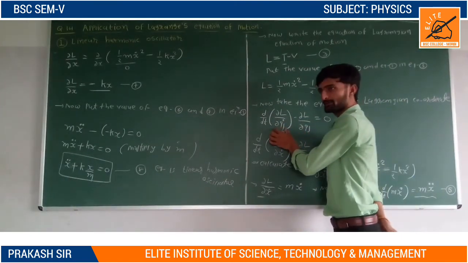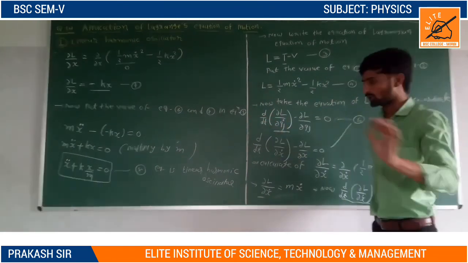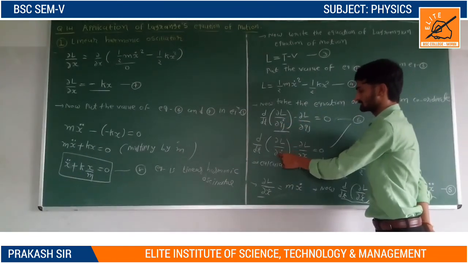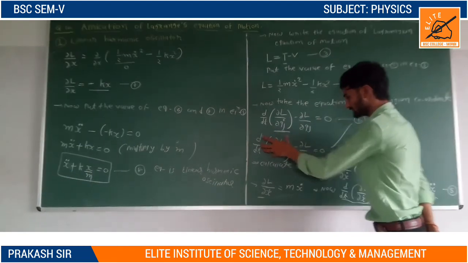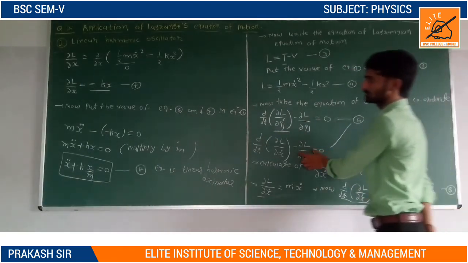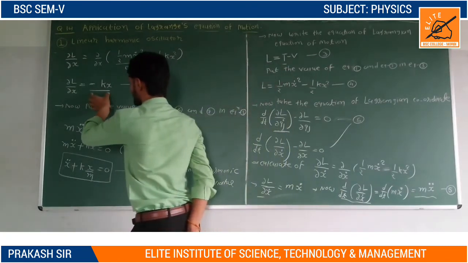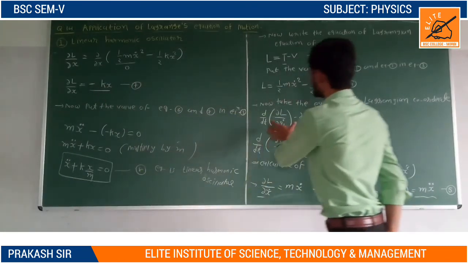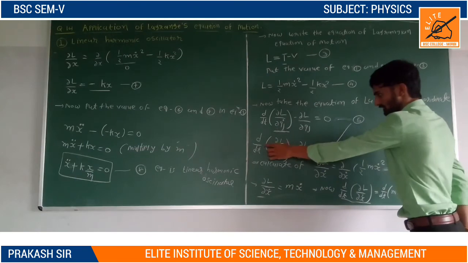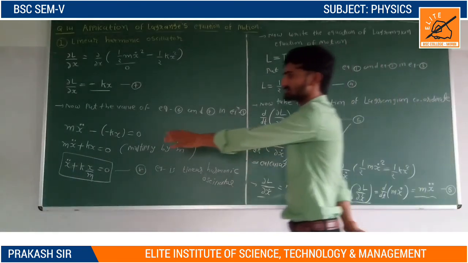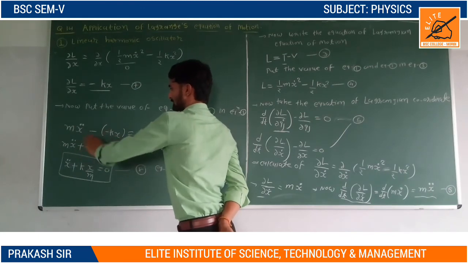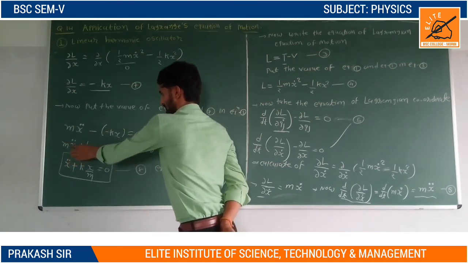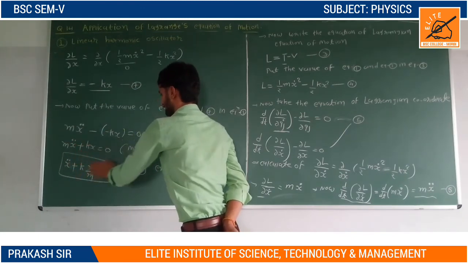Here q dot is replaced by x dot and q is x. So the first term derivative is m x double dot and the second derivative is minus kx. Put the values of these terms: m x double dot minus and minus kx, minus minus becomes plus. Now divide by m. So x double dot plus kx upon m equal to 0.